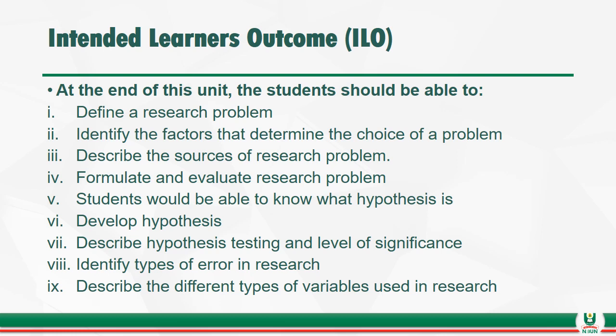Students will be able to know what a hypothesis is. They should be able to develop hypotheses and, of course, describe hypothesis testing and level of significance, as well as identify types of error in research. And lastly, describe the different types of variables used.